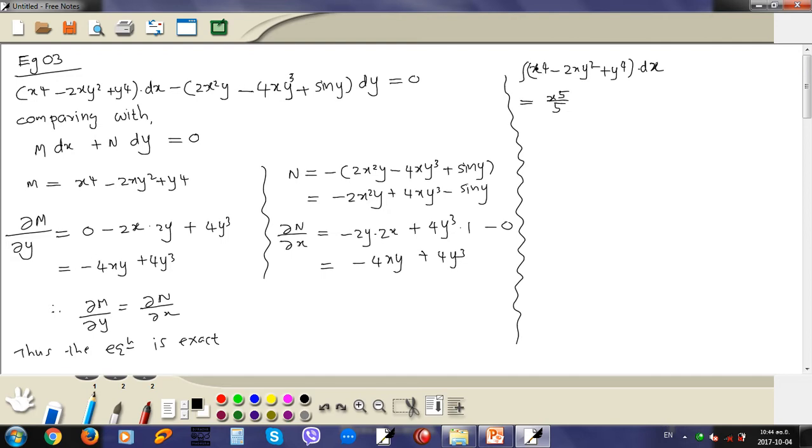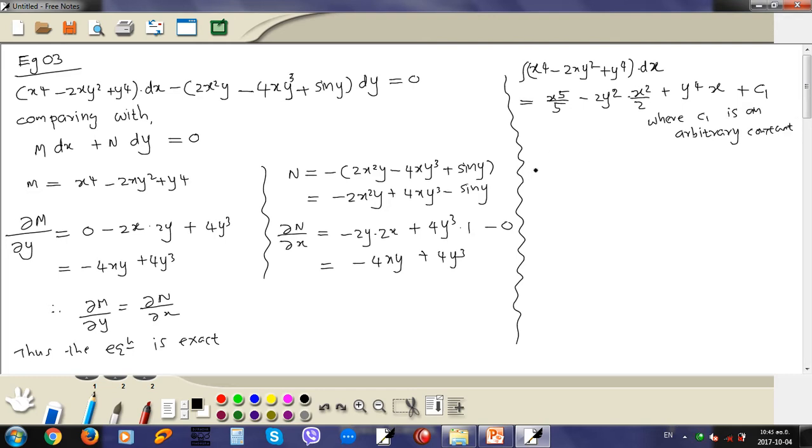You know that for x^4 you have to add 1 to the power and divide by it. And minus 2y², y is a constant, so integrating x gives x²/2, plus y^4, integrating gives x y^4, plus c1, because when you are integrating you have to add a constant, where c1 is an arbitrary constant.